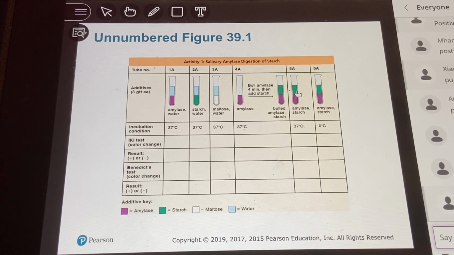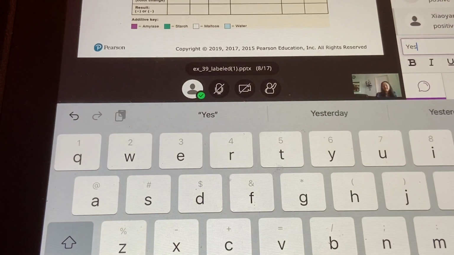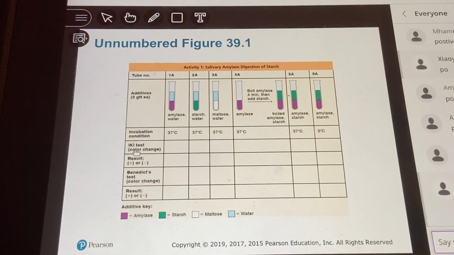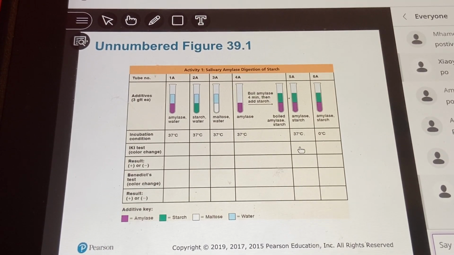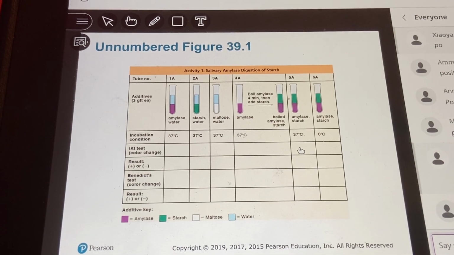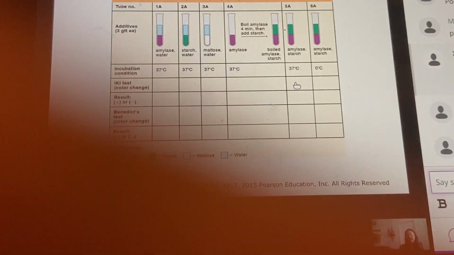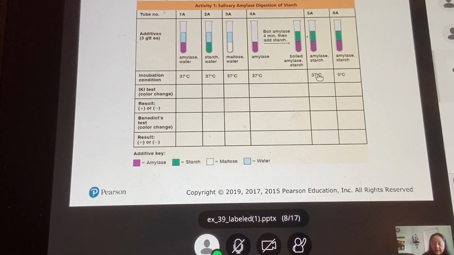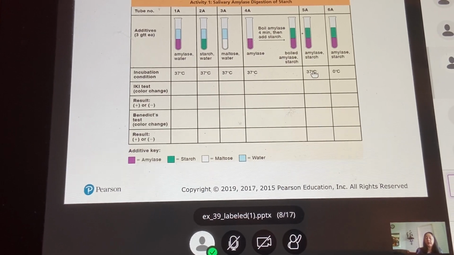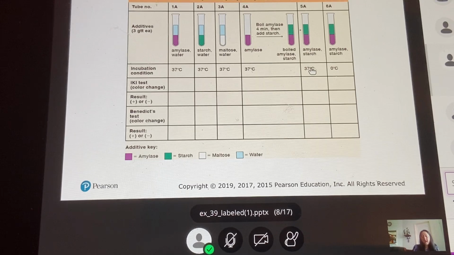Did the amylase work? Why will you say it's positive? The IKI test is a test for starch. It's not a test for simple sugar. So we have amylase and starch with good temperature. After 1 hour, did amylase work or not?